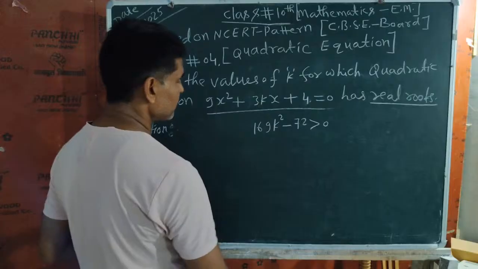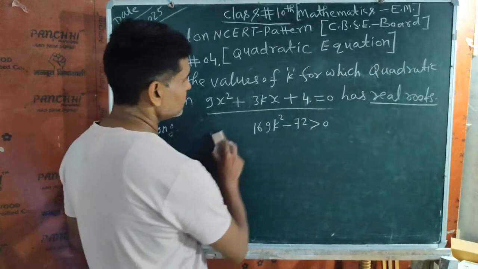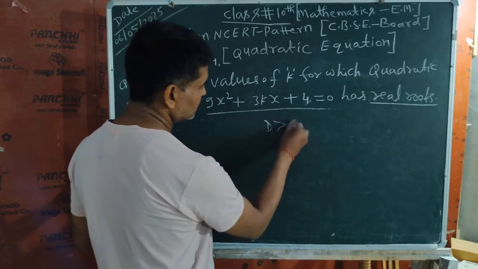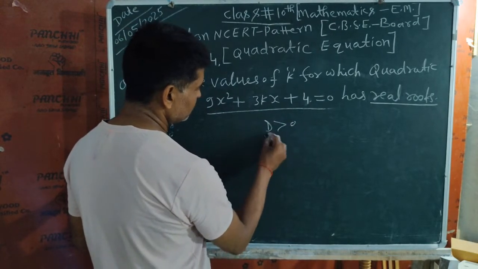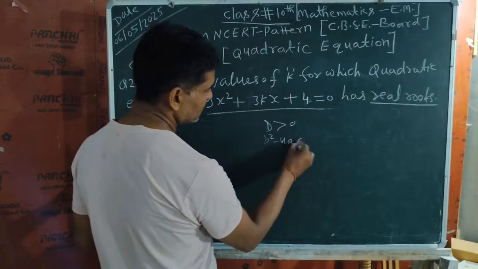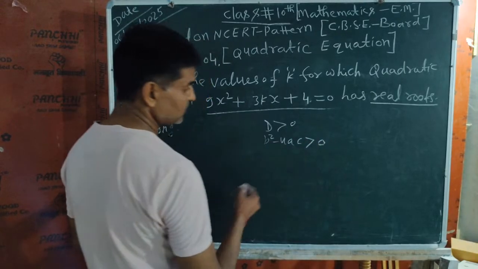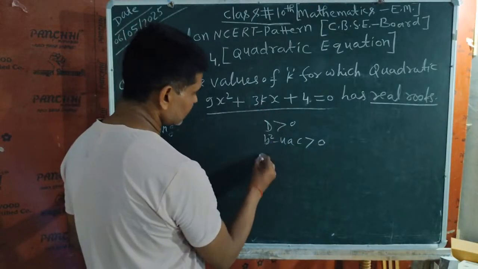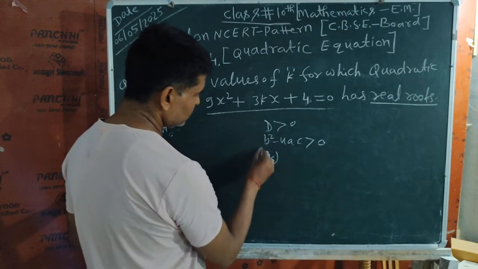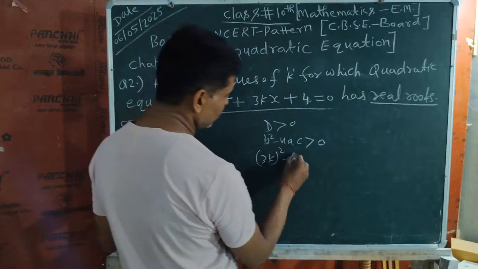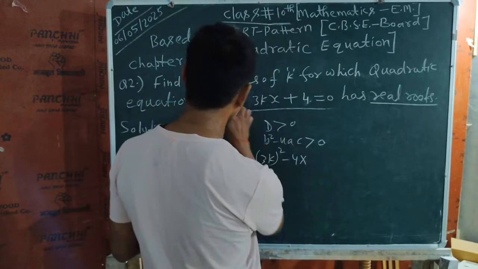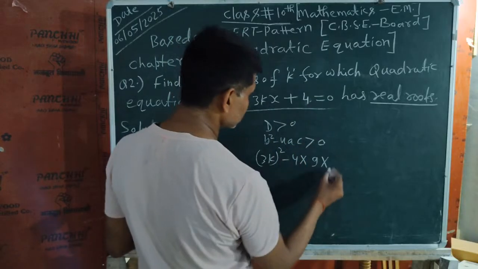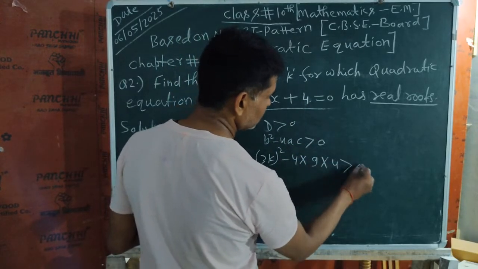Again I will put here the value of t which is greater than 0, and I will write b square minus 4ac which is greater than 0. So the value of b I will write here as 3k whole square, and then 4 into the value of a is 9, so I will put here 9, and the value of c is 4, so I will put here 4.